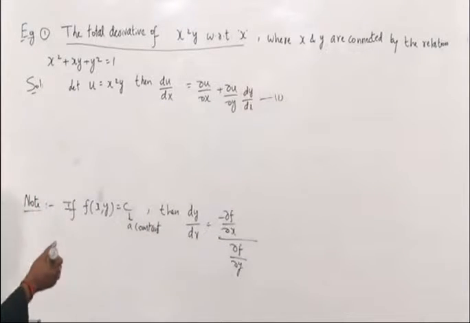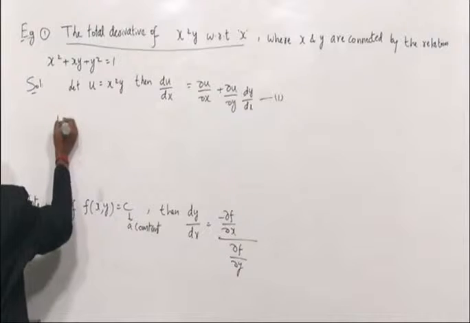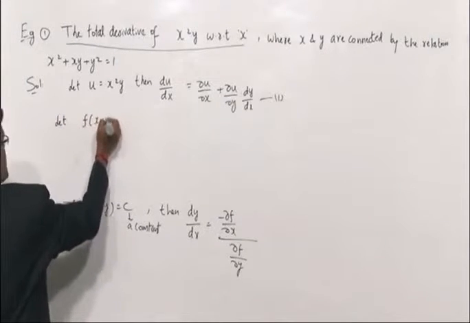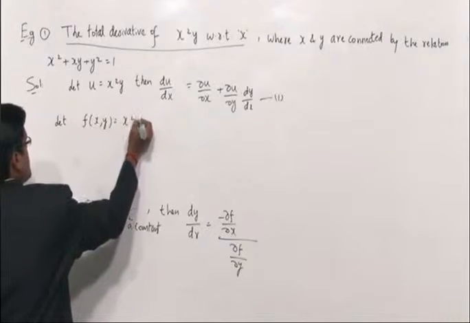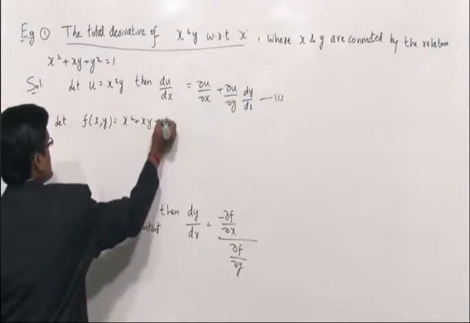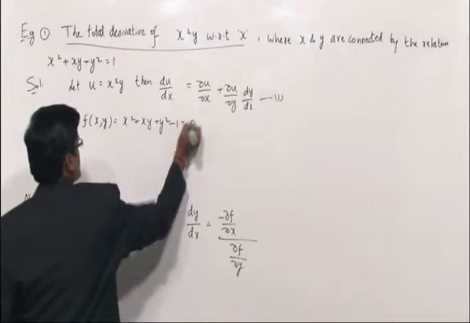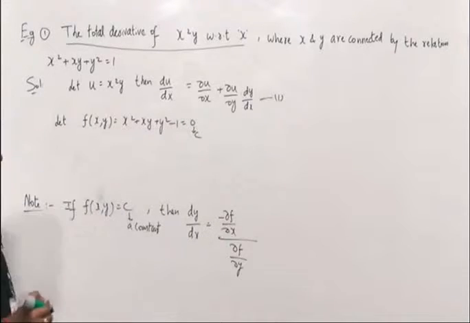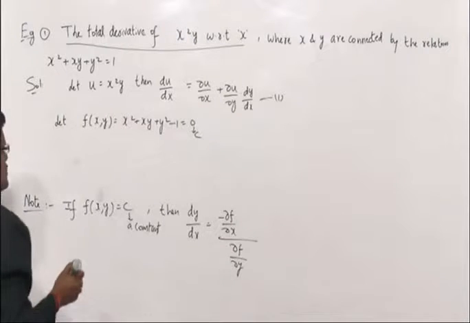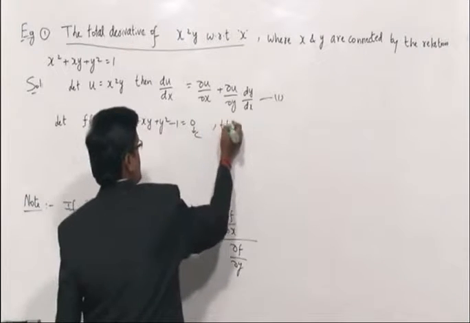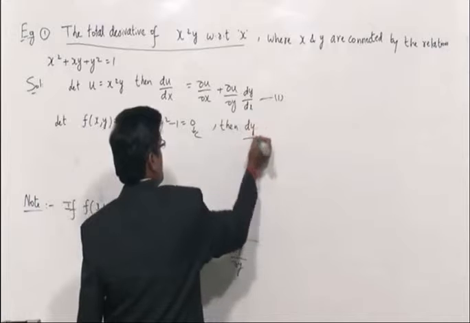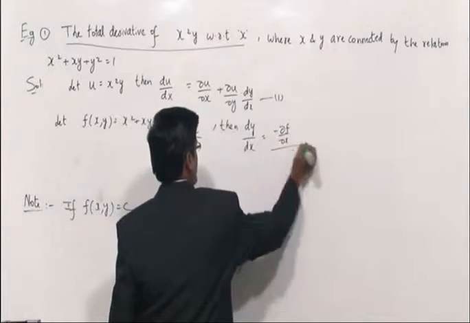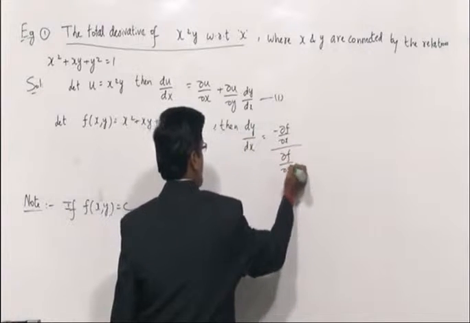Now how to find that dy by dx? Let us take the other relation: f of x comma y is equal to x square plus xy plus y square minus 1 is equal to 0. Let us denote that 0 as c, or you can place 1 on the other side, that is c is also 1. Then what is the formula for finding dy by dx? Minus del f by del x divided by del f by del y.